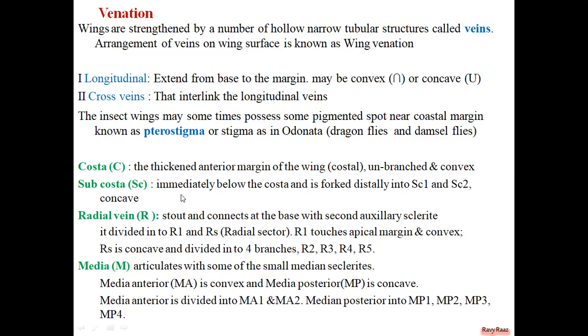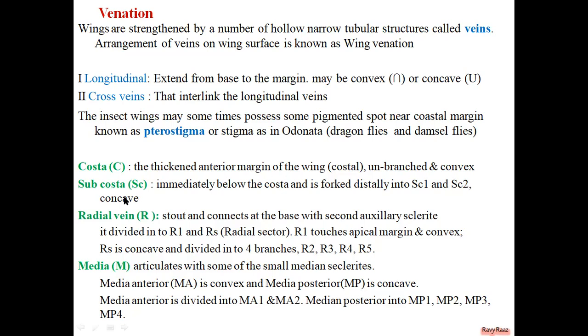Subcosta is immediately below the costa. Subcosta will be seen right below the costa region, and this region is divided into two parts, SC1 and SC2. So costa is only unbranched, no C1, no C2. But the subcosta region is divided into two portions, SC1 and SC2.